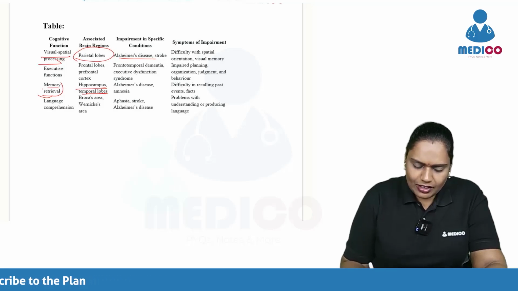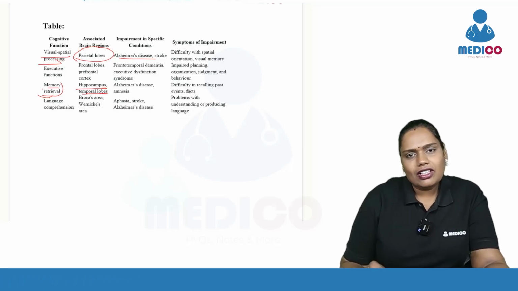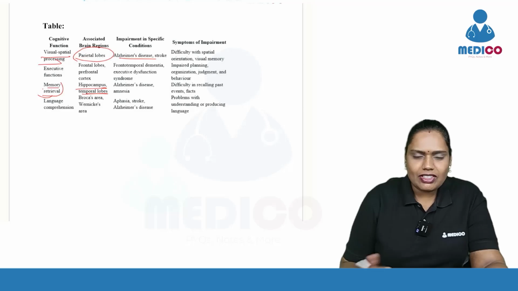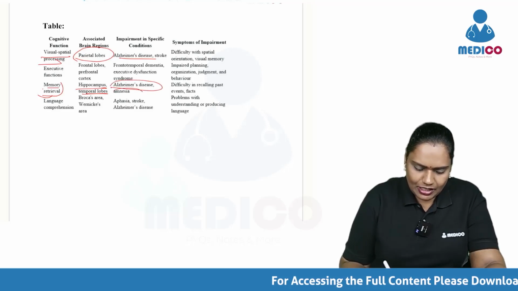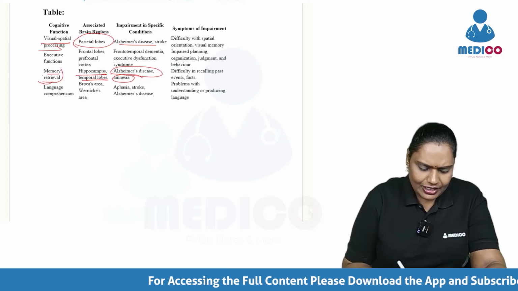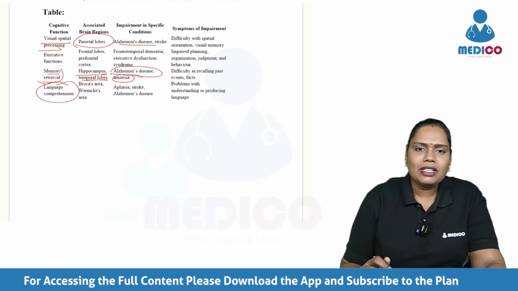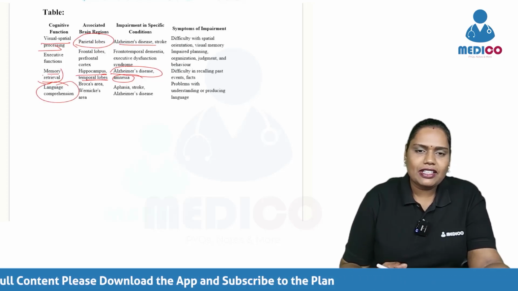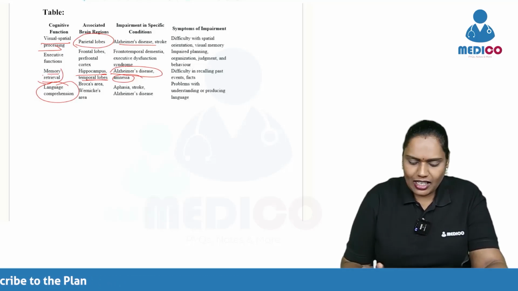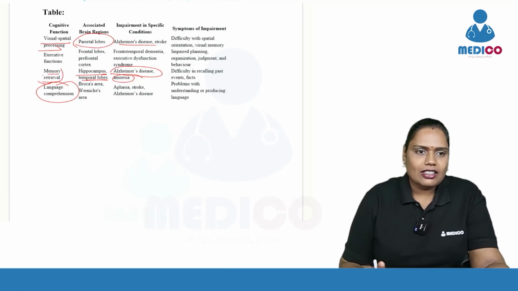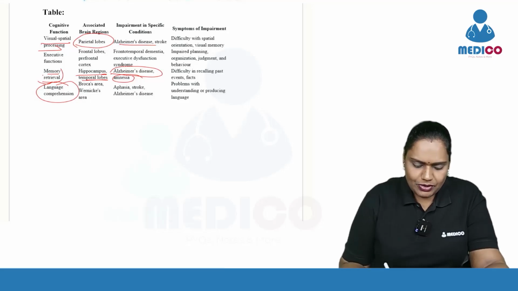Again, the patient will complain of difficulty in recalling faces, difficulty in recalling events, memory loss will be there, mainly seen in diseases like Alzheimer's and amnesia. Finally, if language comprehension is lost, the damage should be either in Broca's area or Wernicke's area, all those things we just now discussed, and they are going to have aphasia. Okay, usually seen in stroke or even in Alzheimer's disease.